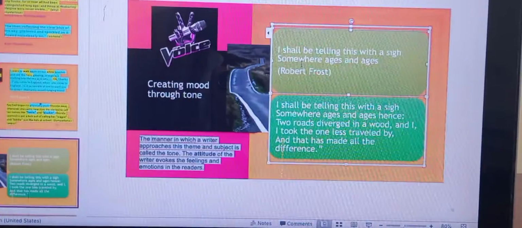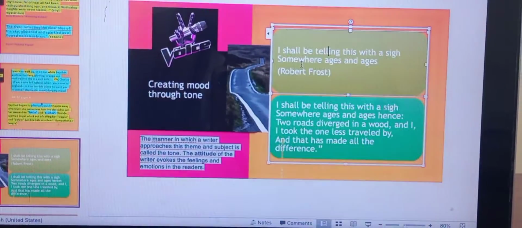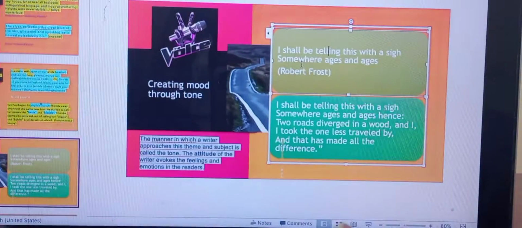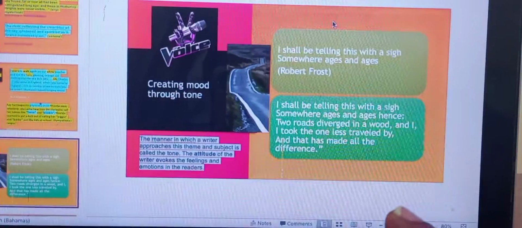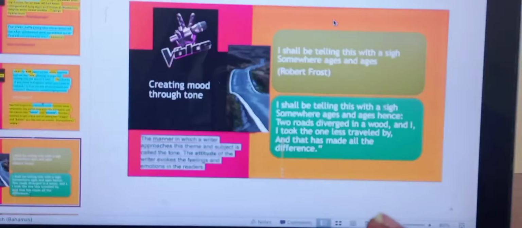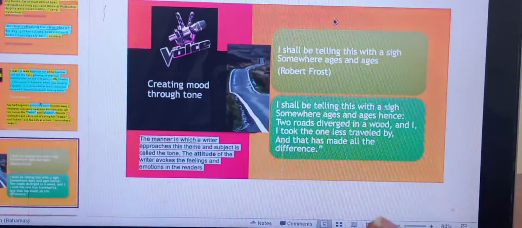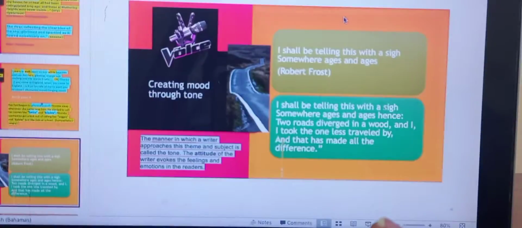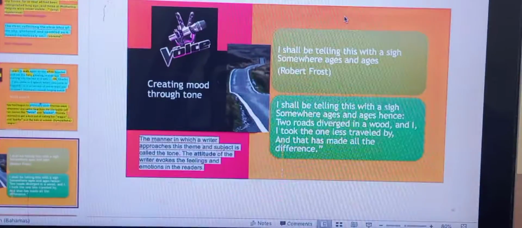So mood is created through tone, the attitude the writer takes towards a topic. So he has a very positive attitude towards the future because of the decision that he made.